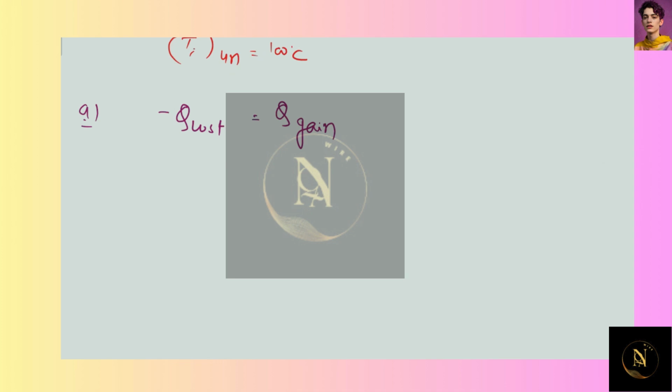Energy loss is given by the mass of the copper block times C of copper times initial temperature minus final temperature for the copper block, plus the mass of the unknown block times the specific heat of the unknown block times T initial minus T final for the unknown block.